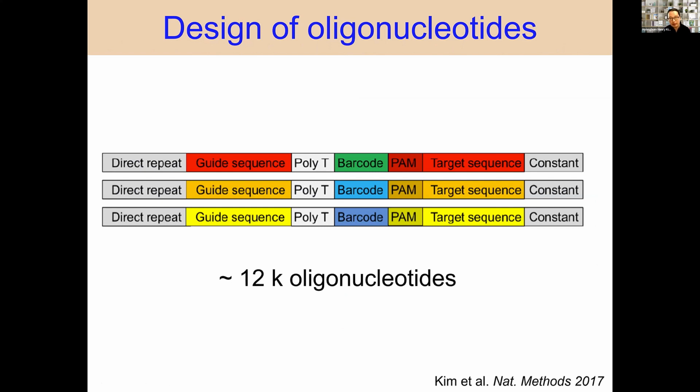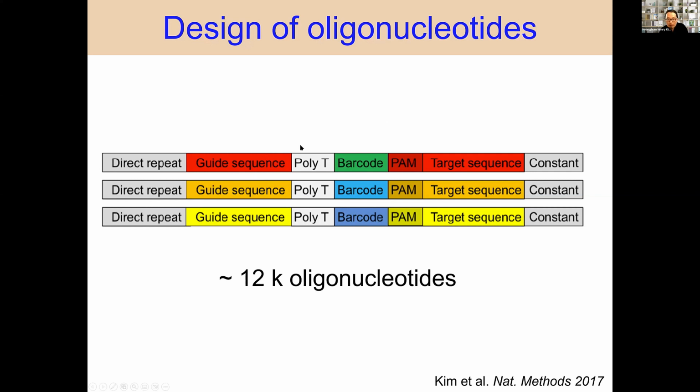To conduct this experiment, we initially designed oligonucleotides. Nowadays we order all of them from Twist Bio, but initially we used a different company. But anyway, we changed to Twist Bio because Twist Bio has a lower error rate and higher uniformity.